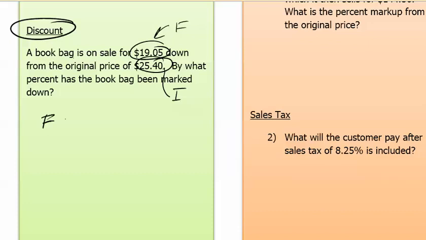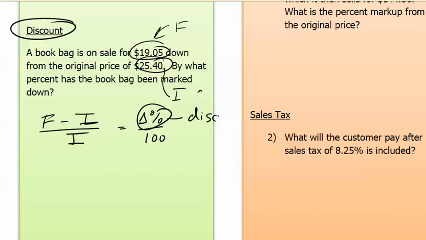Remember that it's final minus initial over initial compared to percent change over 100. What we're looking for is the percent change, which in this case is the discount.